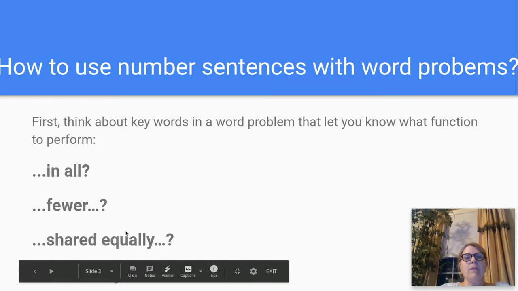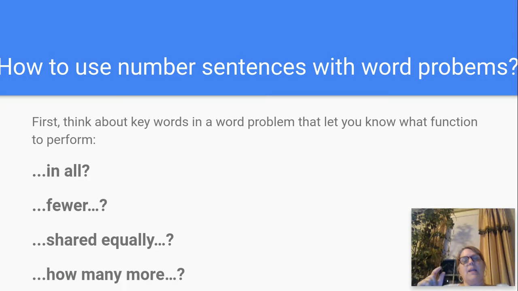Well, shared equally implies you're going to be dividing. Division is sharing equally. And then the last one is "how many more." How many more kickballs did Joan have than Susie? Again, that implies you're going to have to do some subtraction.